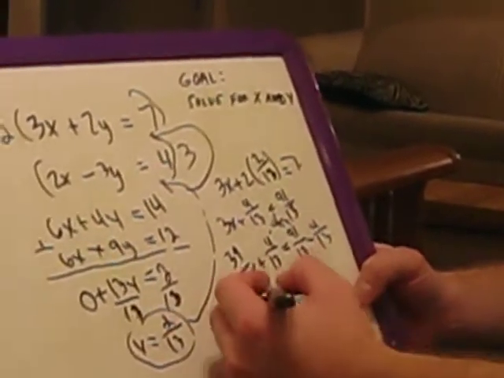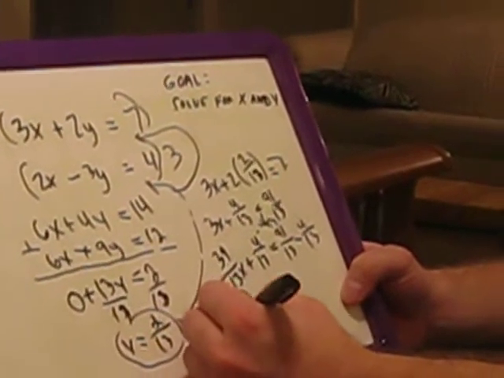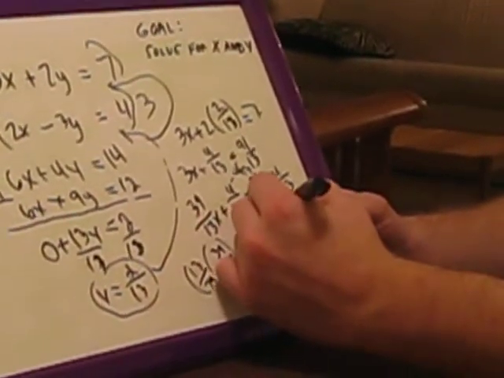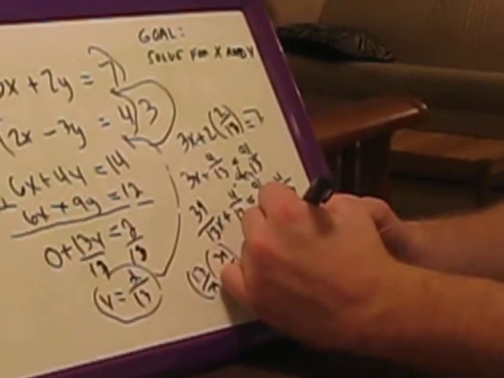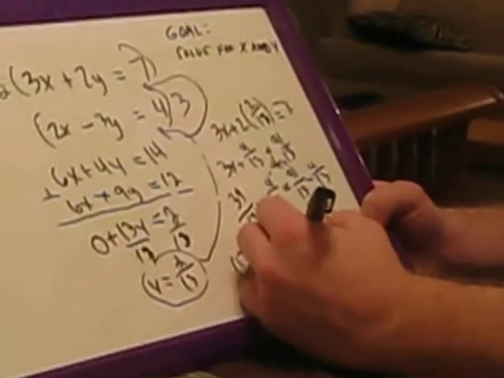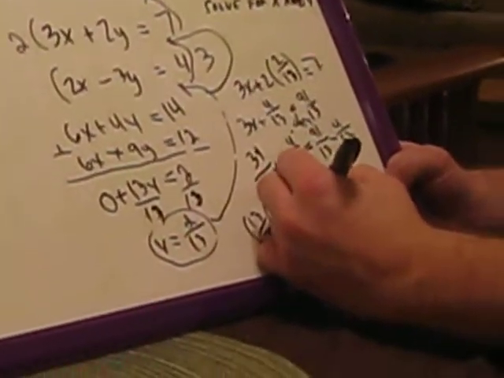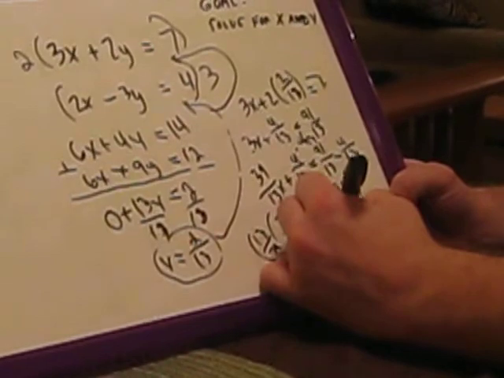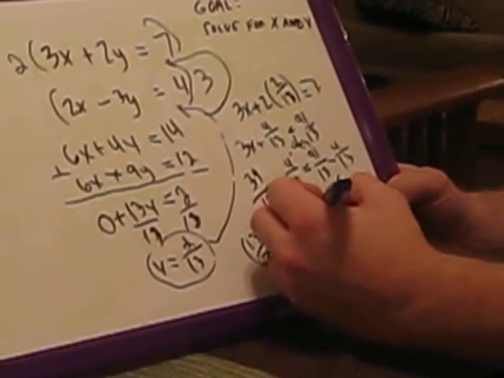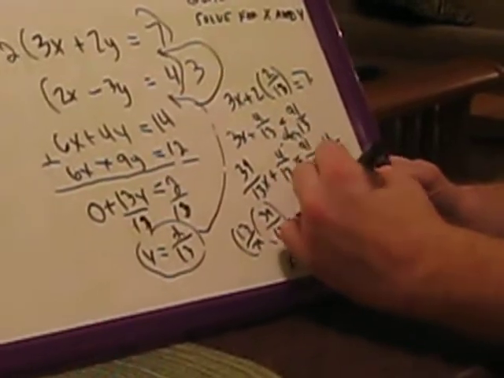Now we can multiply by the reciprocal on both sides, and we get 13 over 39 times 87 over 13. The 13's cancel out, so we just get 87 over 39, which equals 29 over 13.